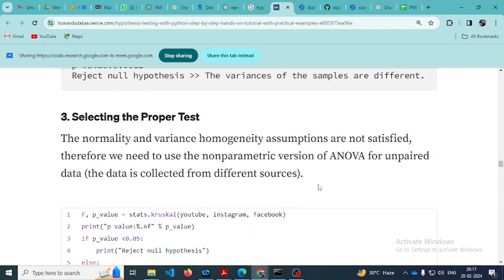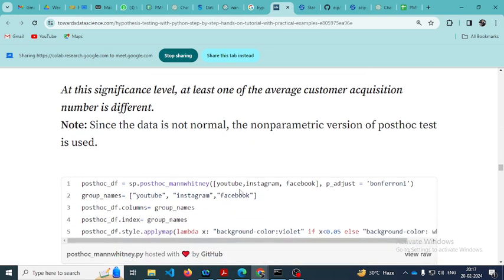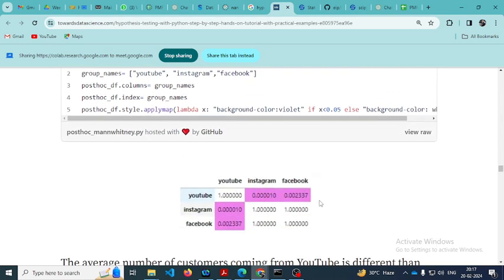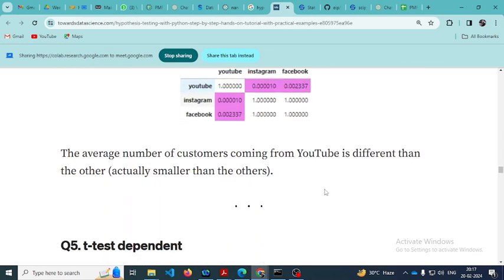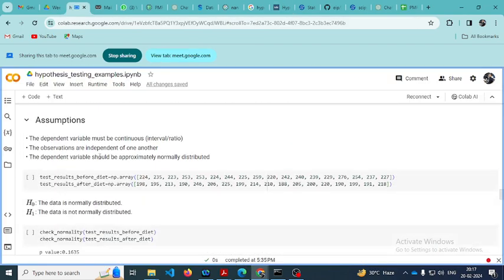So the conclusion is that at least one of the average customer acquisition numbers is different in one group, since the data is not normal and this is the non-parametric version of the test. So that is the conclusion from this test.